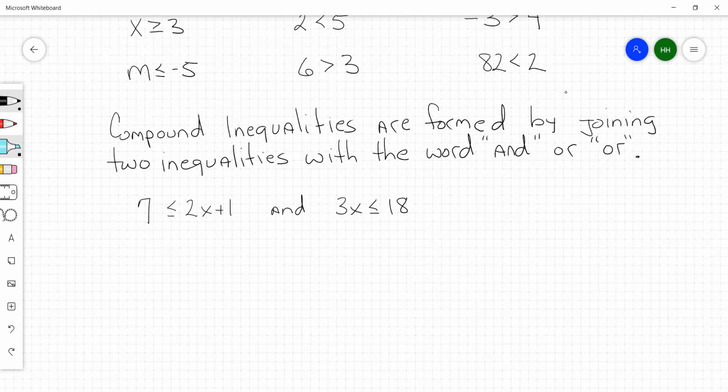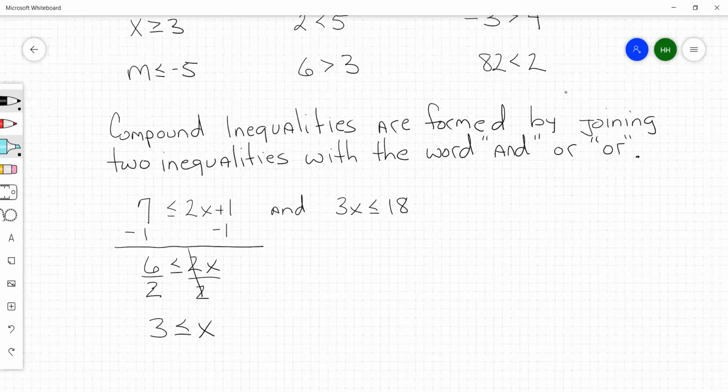So right here, we're going to subtract 1 from each side. And 7 minus 1 is 6 is less than or equal to 2x. Going to divide both sides by 2. And 3 is less than or equal to x. In the second part of the inequality, that's a one-stepper.